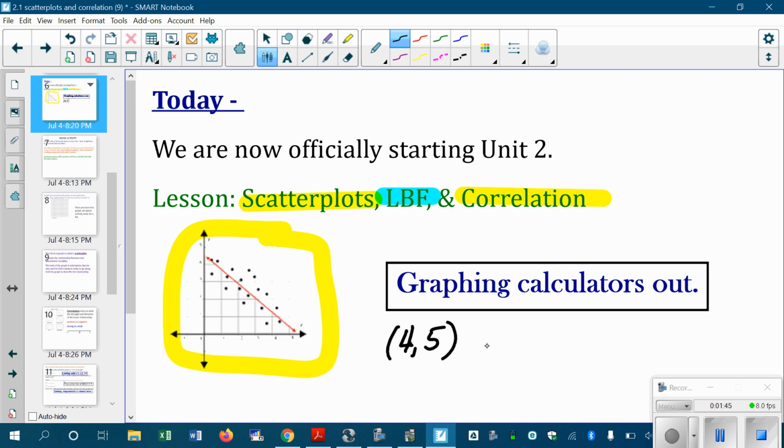So in order to have a scatter plot, you have to have points, and each point consists of two numbers, which means you need to have bivariate data, because you need to have two variables, two measures, and those measures need to be numerical data. So two numbers are needed in order to make a point, and you need to have a lot of points like that, and then that's called a scatter plot.